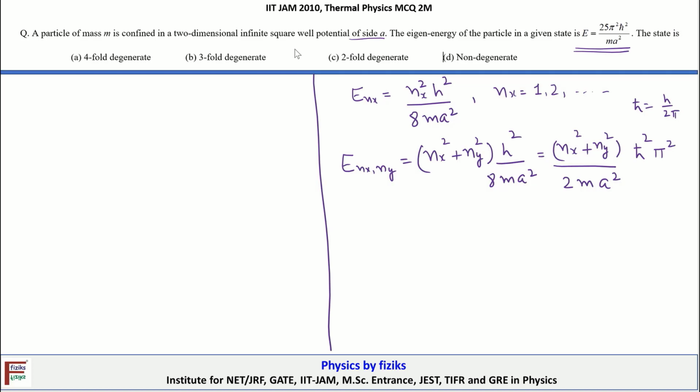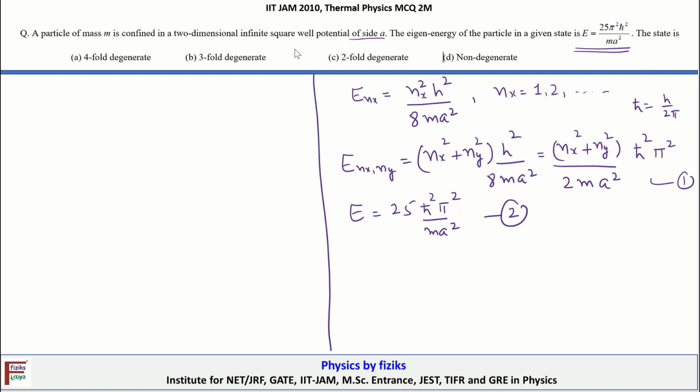Let's call this equation 1. Now what is given to us: the energy eigenvalue E is given as 25 h cut square pi square upon m a square.